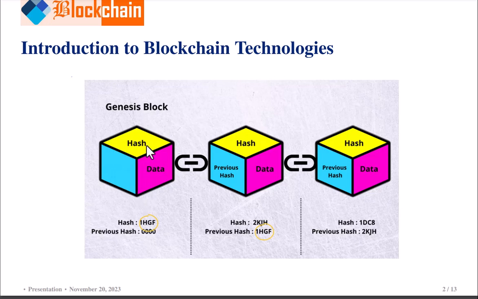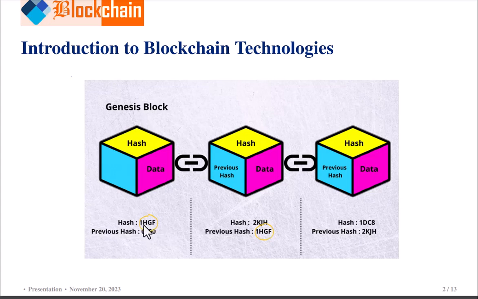And if you look into the second block, here 1HGF, which is contained at this place in the previous hash, is the hash of the previous block.